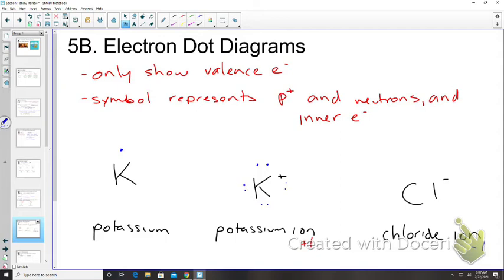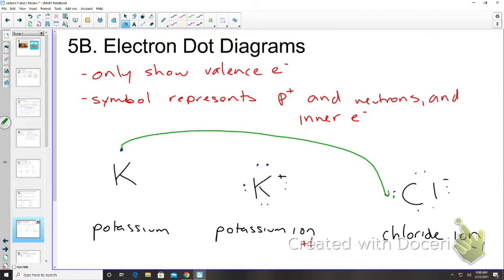Okay, and the chlorine ion, so chlorine is a halogen. It has 7 valence electrons normally, but it wants to take 1 more electron to have that full octet. Okay, so it would have 7 normally, and then maybe it would take that electron from the potassium, okay?